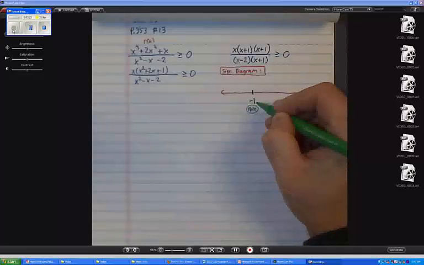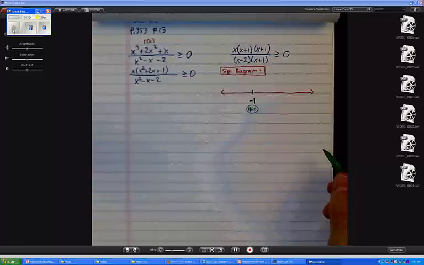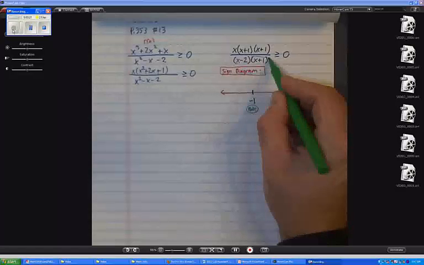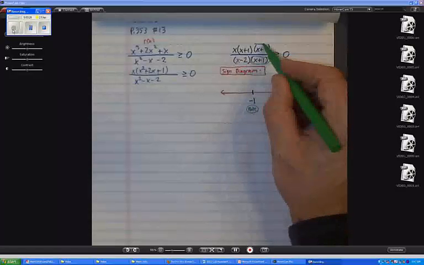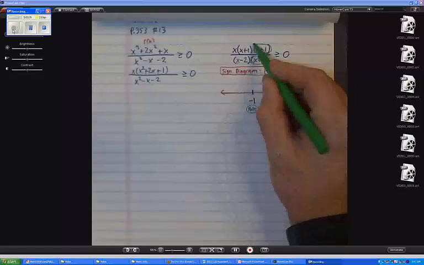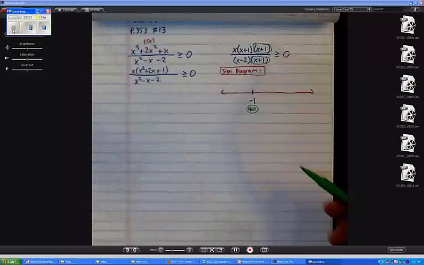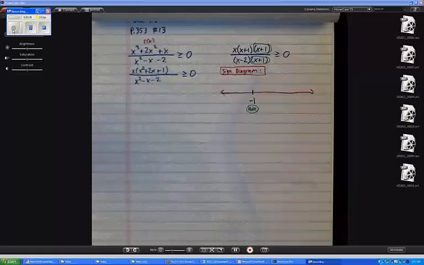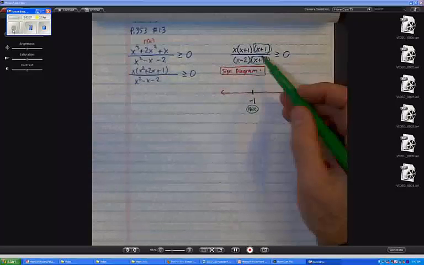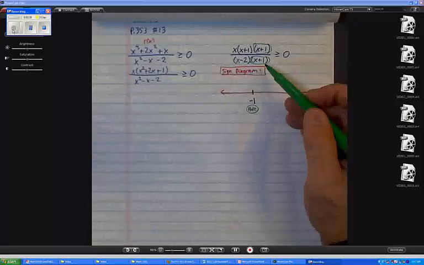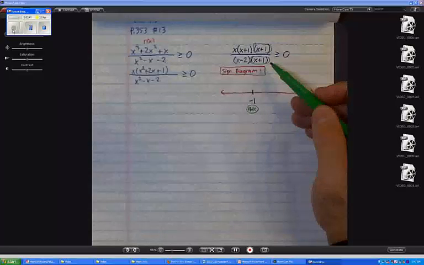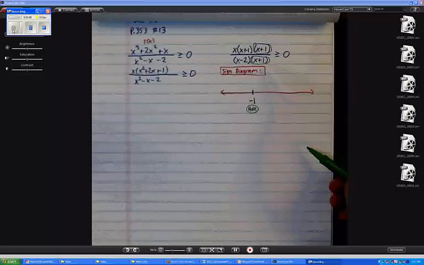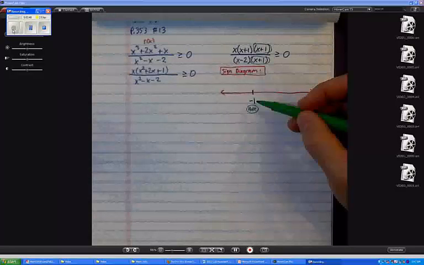How do we know? Because I have a factor x plus 1 in the denominator, but I also have a factor x plus 1 in the numerator. And that's the situation where I get a hole in the graph. But see, if someone goes ahead and cancels those, they're not going to think there's a hole at -1. As a matter of fact, if someone cancels those, what would they think is the value at -1? Do you know?